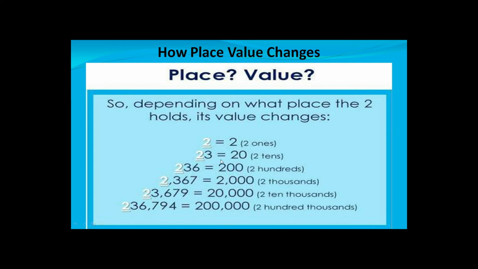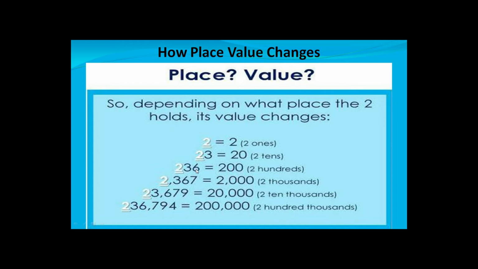Now you can see over here the place value of 2 will be changed. First it was ones, now it is tens. So you have changed the value. It was 2, now it becomes 20. In the next, you can see we added 6 on the right side, and 2 and 3 both move one place towards left.